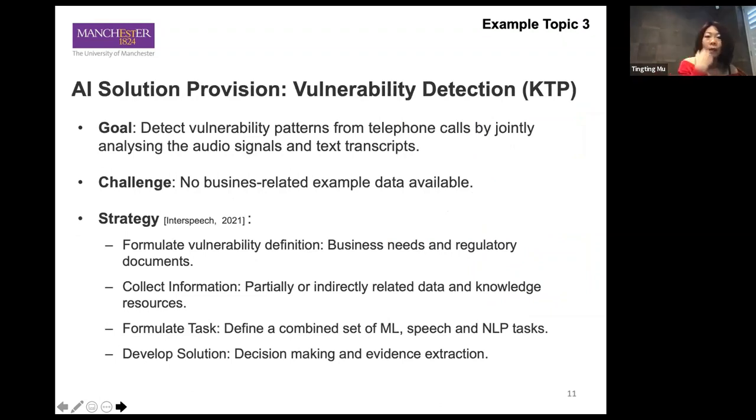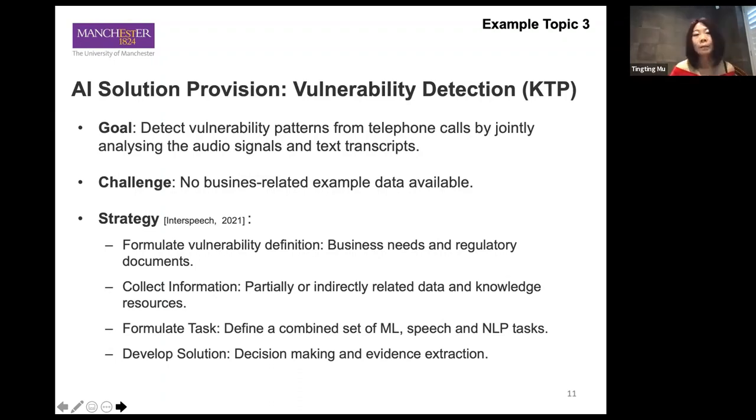Okay, the next example: the motivation for showing it is to share some of the thinking process when we apply our knowledge or technique to solve a real-world problem. This is a KTP project.